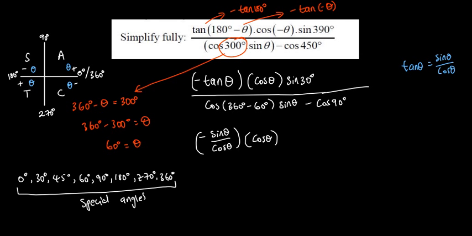But one might say, but we were taught that special angles are 30, 45, and 60. I do not dispute that. That is very good. However, you see these 0, 90, 180, 270, 360. They are also included as part of being special angles.